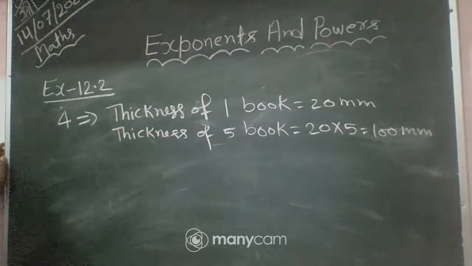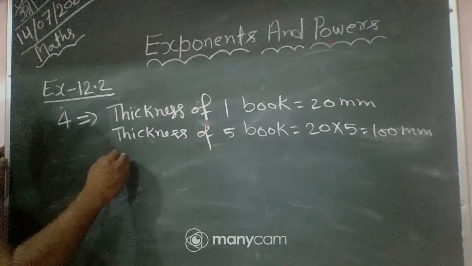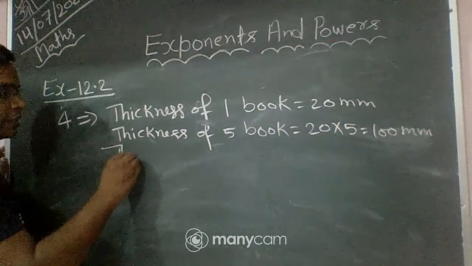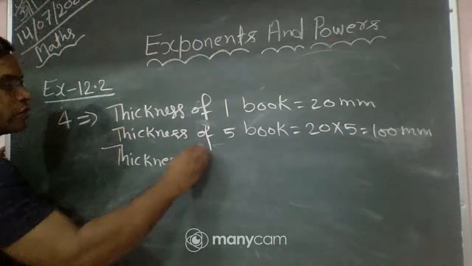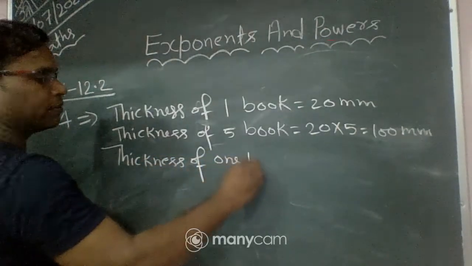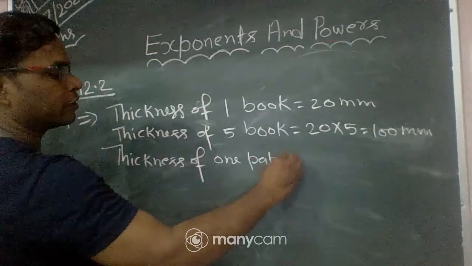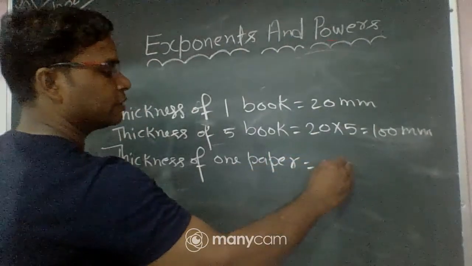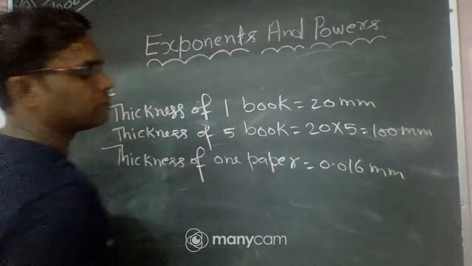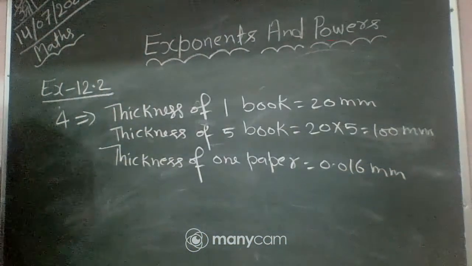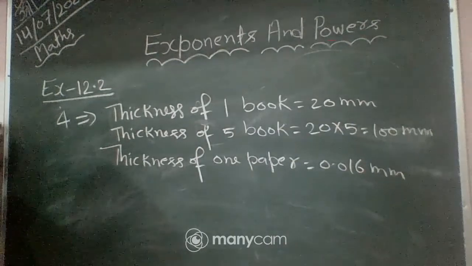Now, the thickness of one paper sheet is given. So we can write here the thickness of one paper is equal to 0.016 mm. So how many papers do we have? We have 5 papers.